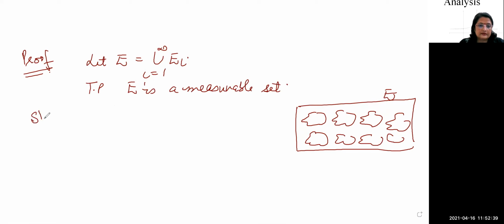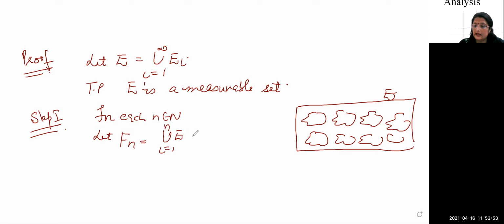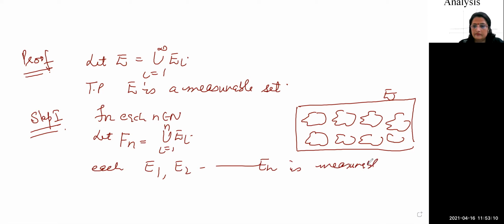First of all, we will write this in steps. Step number 1. For each n belonging to the natural numbers, let Fn be the finite collection of the Ei's that we have, the union of i running from 1 to n of Ei. Now each of E1, E2, En is measurable, right?